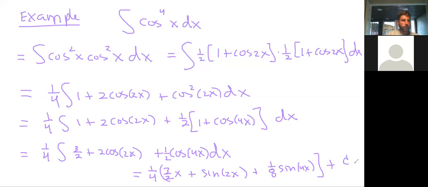And then, of course, you have your plus c. Now, you can multiply the 1/4 through, I guess, if you wanted. So you can see these integrals are pretty tedious. And the larger the power, the more tedious this is going to become.